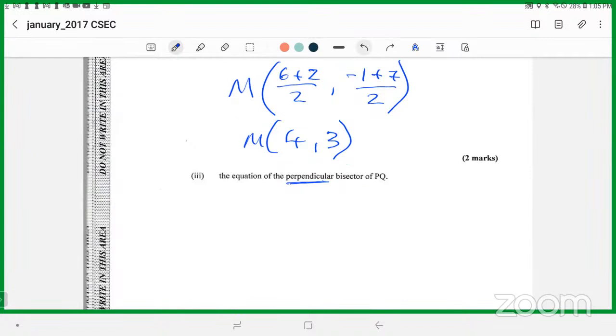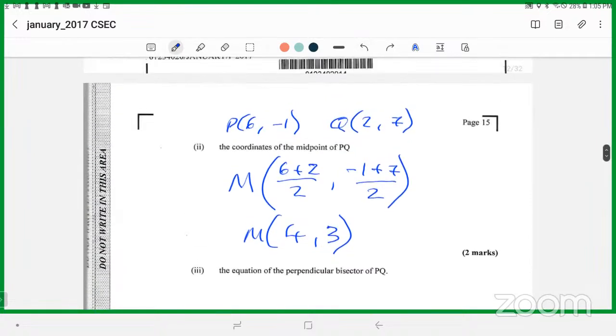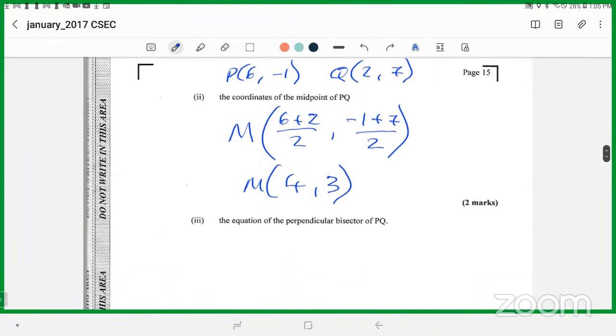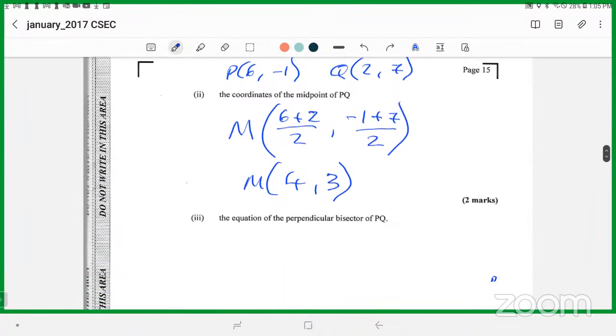So if we were to do a quick sketch of it, let me see if I can do a proper sketch. 6, -1, 2, 7. So P is down here and Q is up here. So this is the line PQ. The perpendicular bisector is this line I'm going to draw in red.